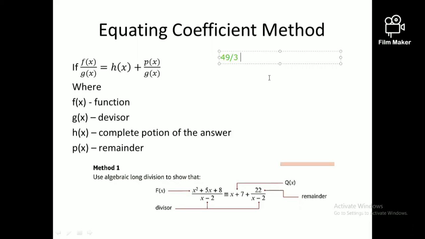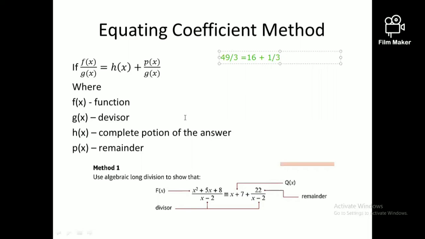That is 16, the full portion, plus the remainder, which is 1 divided by 3. You can write it in this way: the full portion plus the remainder divided by the divisor. This is what we wrote as 16 and 1 over 3. The meaning of 16 and 1 over 3 is 16 plus 1 over 3. 16 is the full portion, 1 is the remainder and 3 is the divisor.